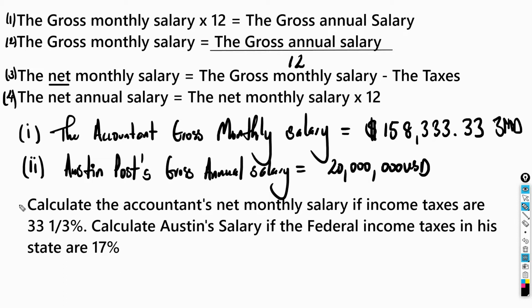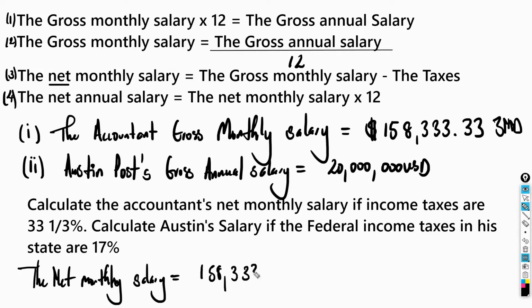The question for the net now says calculate the accountant's net monthly salary if income taxes are 33 and a third percent. The net monthly salary is equal to the gross monthly salary minus the taxes. So the net monthly salary is equal to 158,333.33 minus the taxes, and taxes are 33 and 1/3 percent, which is 1 over 3.